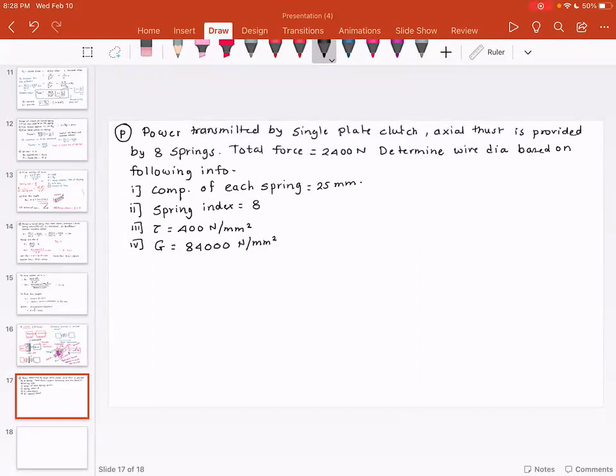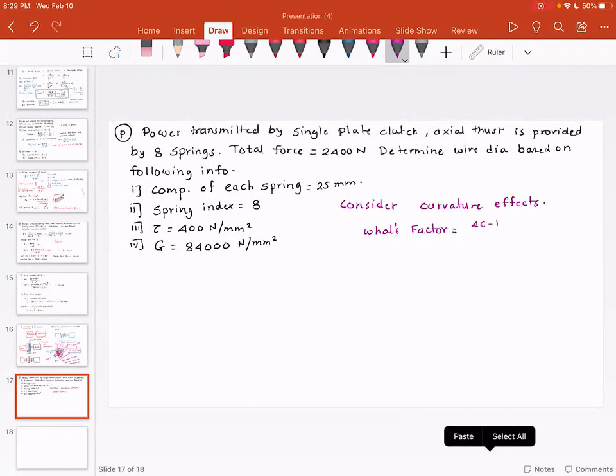And to be on the safer side, we will consider curvature effects. So if we consider the curvature effects, we have to find out the Wahl's factor, which is (4c minus 1) divided by (4c minus 4), plus 0.615 divided by c.